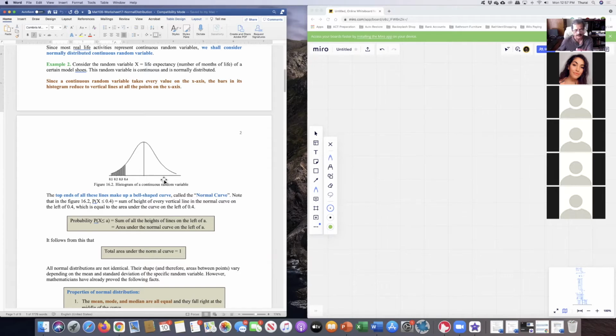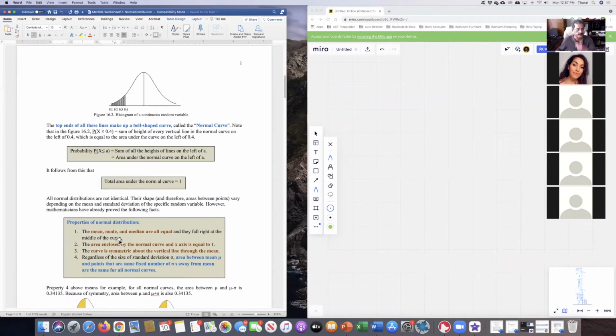It is symmetric in this case, but in real life, they're not always perfectly symmetric. But if it is symmetric, then they all fall into one place. So that's one of the properties I'm describing here. Mean, mode, and median are all equal to the middle number if it is a normal distribution and if it is symmetric.